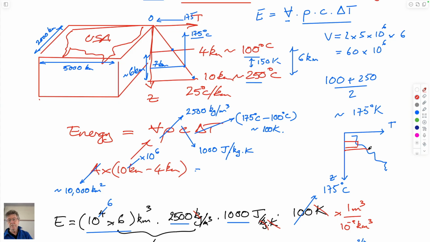Just use Simpson's rule, right? And do it discretely rather than as a continuous function. But that's all we did.